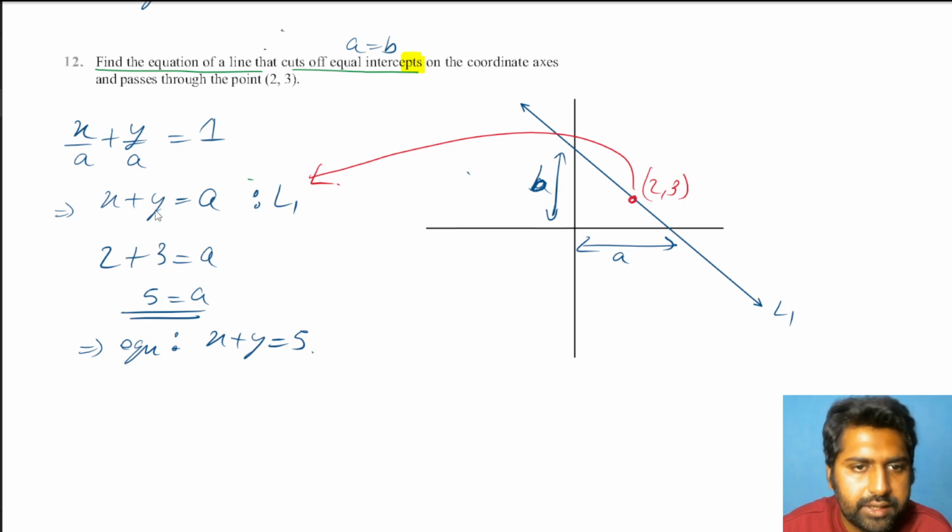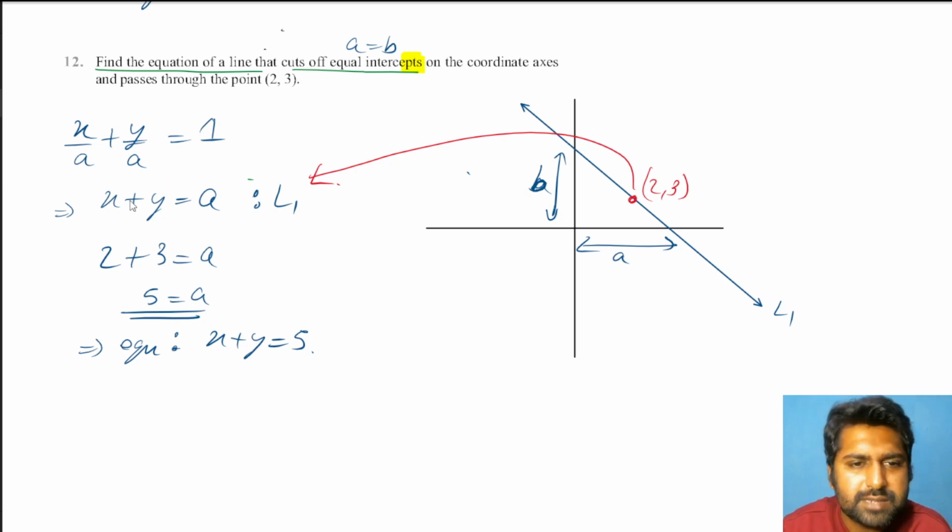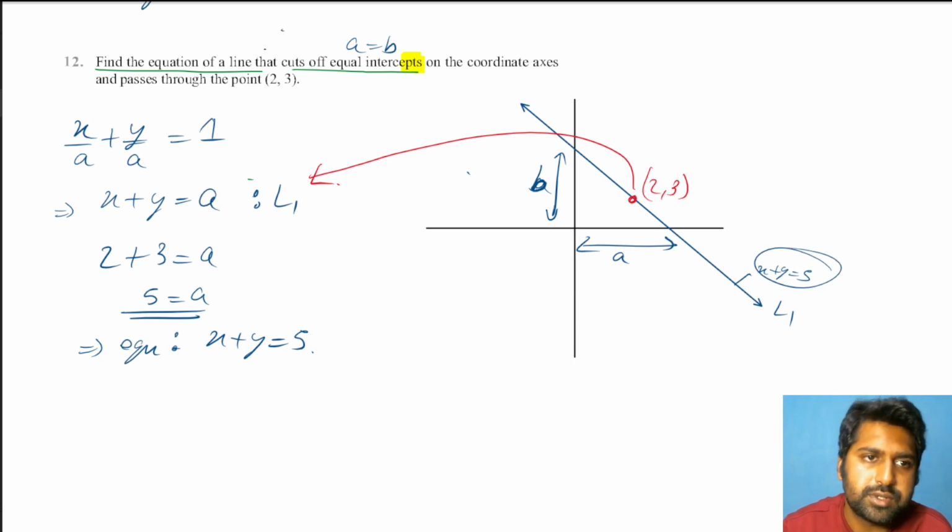I rearranged this equation, and since this point is lying on this line, it must satisfy its equation. That means I am putting 2 here and 3 here, and I get the value of A. And once I get the value of A, I get the equation x plus y is equal to 5 is the equation of this line. That's the equation.